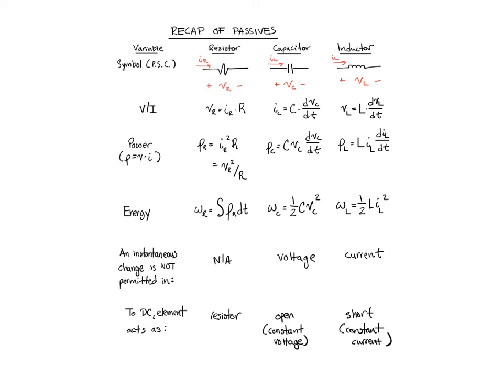But to overview this table, I'm looking at the electric symbol with the annotation of the passive sign convention, and the VI relationship. In this case, I've only put the simplest version of that VI relationship. Resistors obviously are the simplest, where we just have Ohm's law, but I can write this in terms of V or I. For a capacitor, I equals C dV/dt, and of course if I want to solve it for voltage, I have to rearrange this.